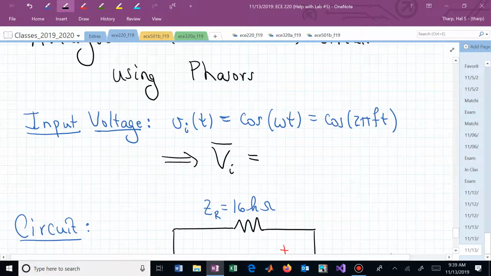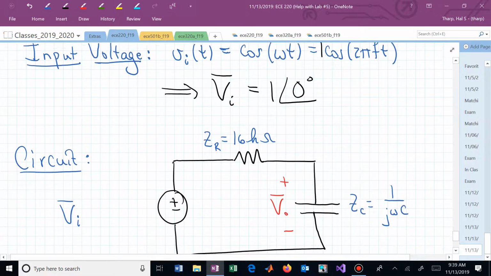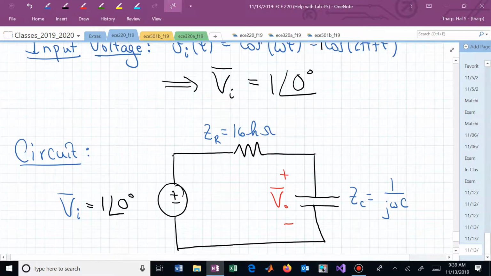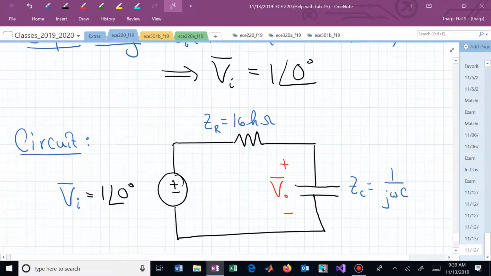What's the magnitude of capital V sub I bar? It's hidden, but it's 1. And what's the angle? Again, it's hidden. It's 0 degrees. That's our input. It's a complex number, 1 at an angle of 0.